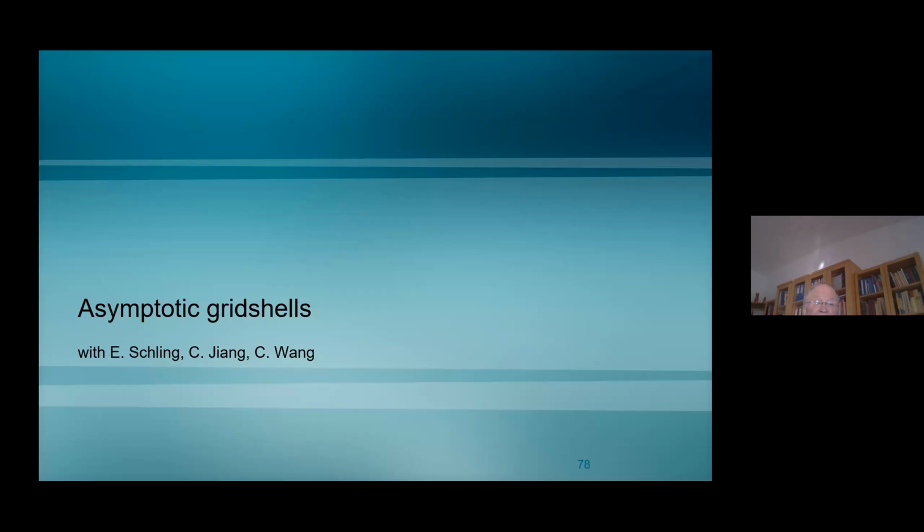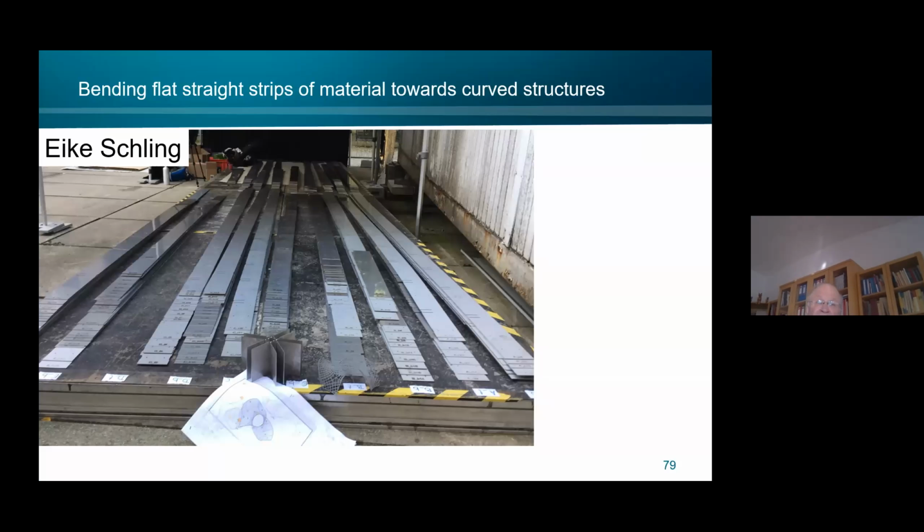So finally, I'm coming to so-called asymptotic gridshells. And this is work originally done by Eike Schling, an architect in Munich who is now at the University of Hong Kong.